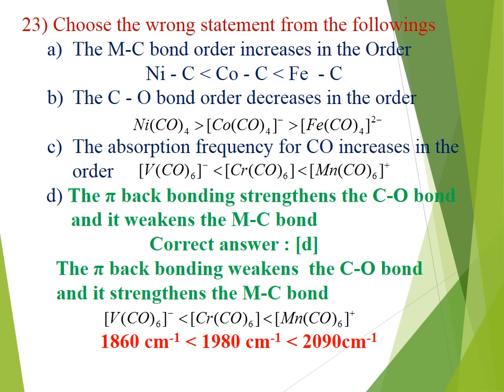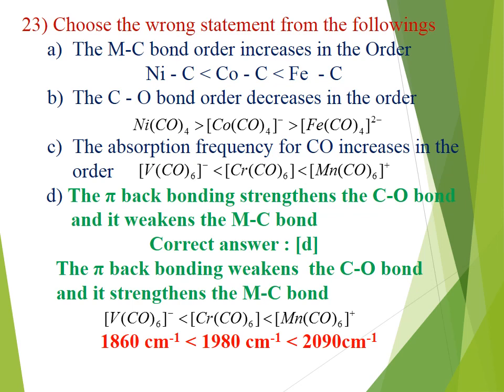It is also correct. Option C, the absorption frequency for CO increases in the order V(CO)6^- < Cr(CO)6 < Mn(CO)6^+. It is also correct. But the wrong statement is D.